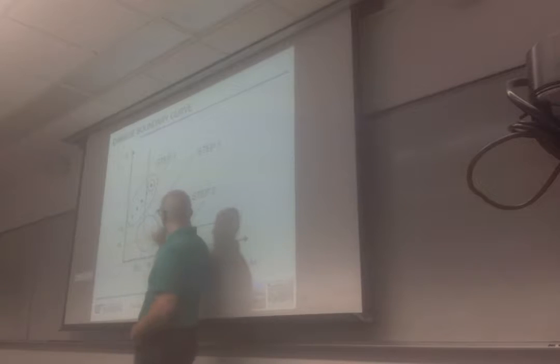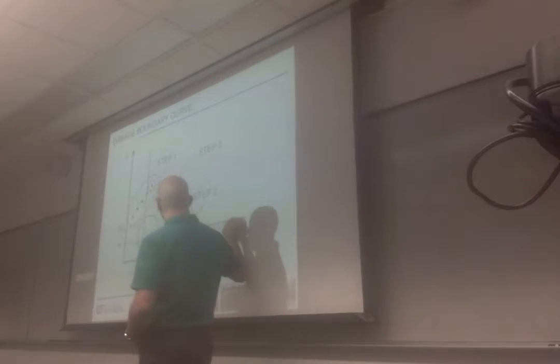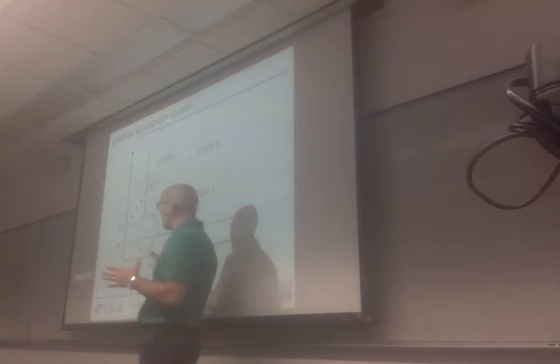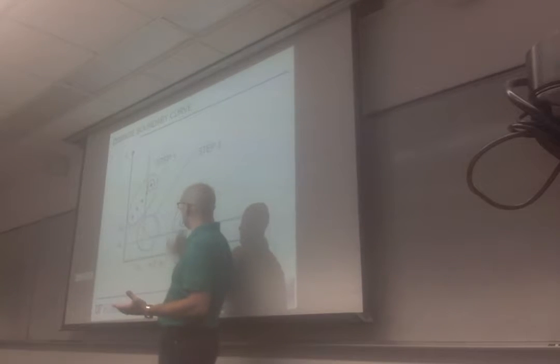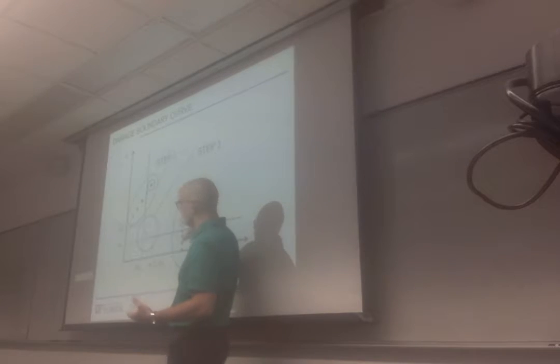You want to make sure you're on the flat part of that curve. So you pick a drop height associated with a velocity change that is high enough to allow you to test on the flat part of the damage boundary curve.